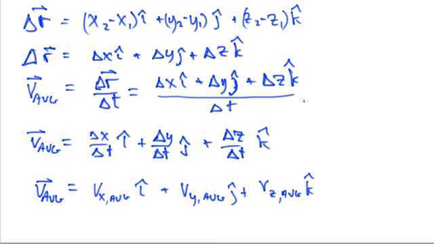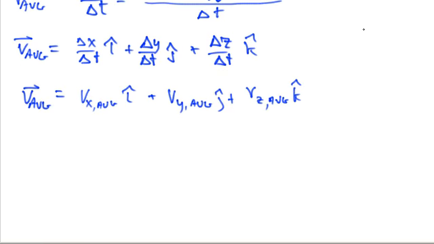Now, if we take the limit as the time becomes smaller and smaller, as delta t becomes very, very small, so let's say t2, by the way, is equal to t1 plus delta t. That was just, I just defined that as t2 minus t1, so that's just a tautology there, just an obvious statement.